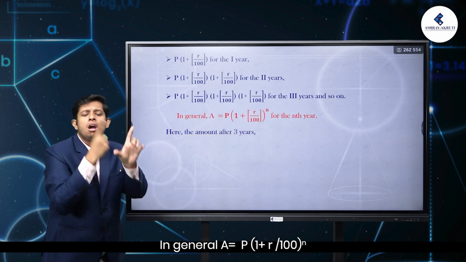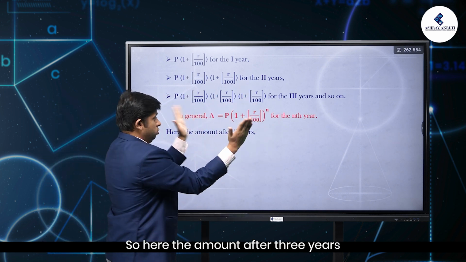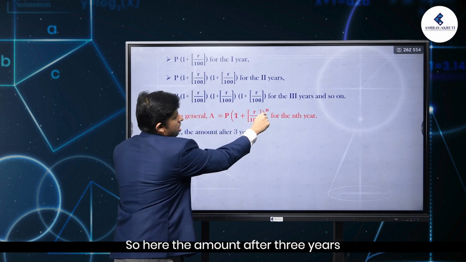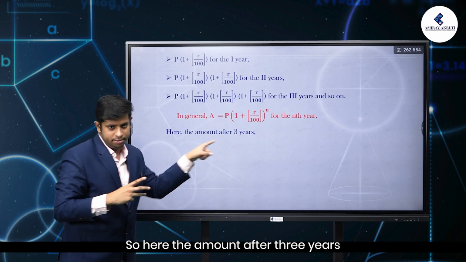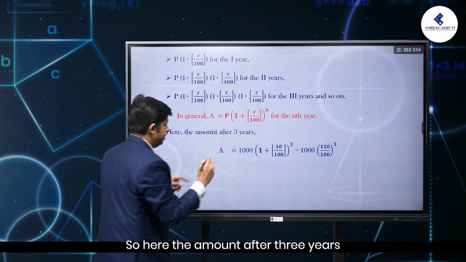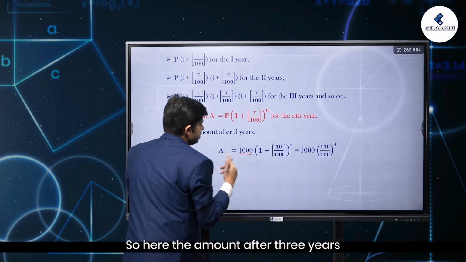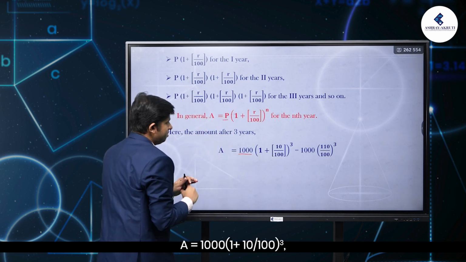So, here the amount after 3 years, A is equal to 1000 of 1 plus 10 by 100 whole to the power of 3. So, we substitute the values.